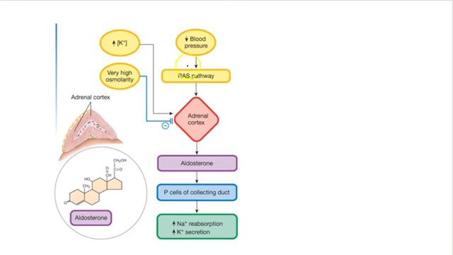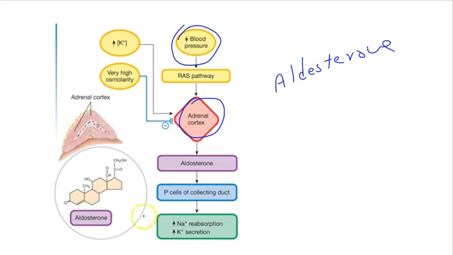What is the impact of aldosterone? Whenever we have a lowering or decreasing of the blood pressure, the aldosterone hormone is released from our adrenal cortex. The aldosterone is going to increase the sodium ion reabsorption at the collecting duct.